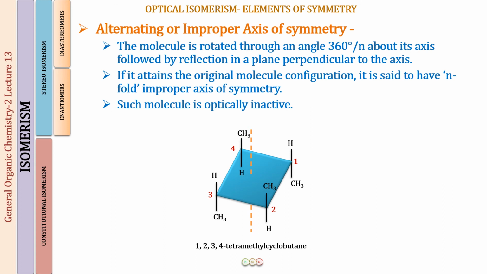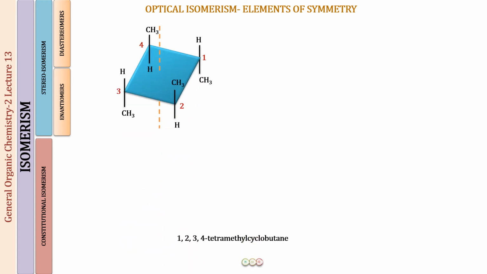Okay, now what we are going to check is whether this molecule has an alternating or improper axis of symmetry. So this is the molecule that we were discussing, 1,2,3,4-tetramethylcyclobutane, and we are trying to find out whether it has the alternate axis of symmetry. So this has a 4-fold axis of symmetry.